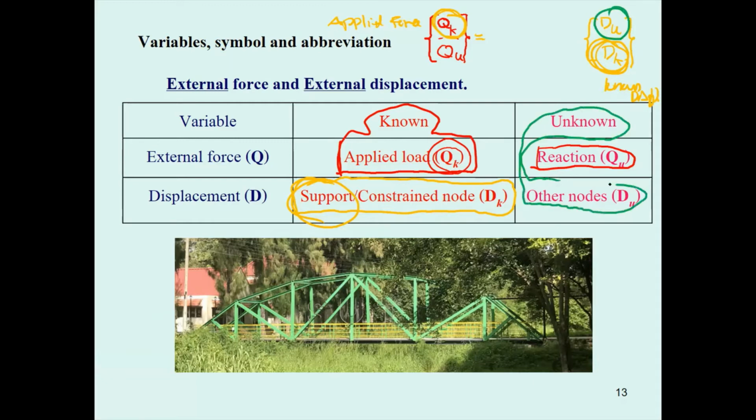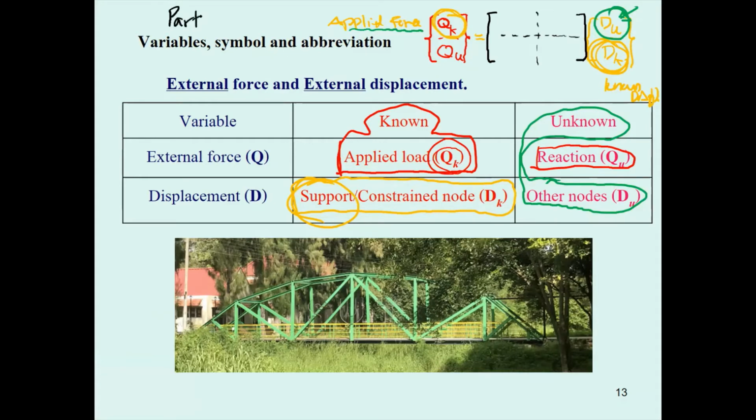Then you will use the equation to determine the unknown displacements, which change with the magnitude of the applied loading. When the applied forces are large, the displacement is going to be large. When the applied force is small, the displacement and the reaction are going to be small. How are forces and displacements related? Like a spring, they are related by the stiffness. And as I told you again, you have to do the partition.